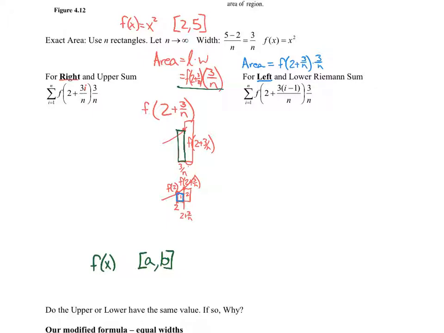To find the width of the rectangle, we took the right-hand side of the interval minus the left-hand side, 5 minus 2. So in this case, our width is going to be b minus a, and I'm going to divide that by however many rectangles I have. That's going to give me the width of one rectangle.